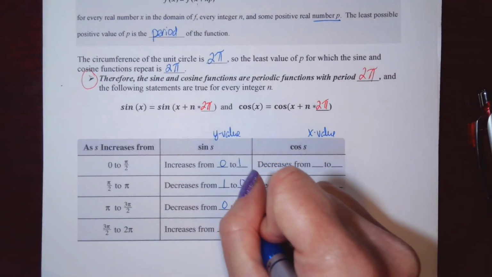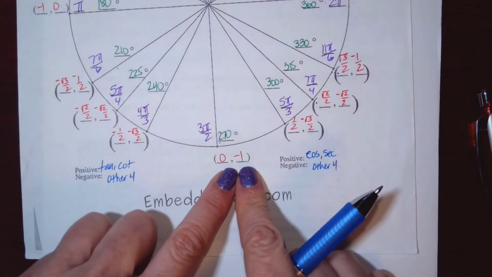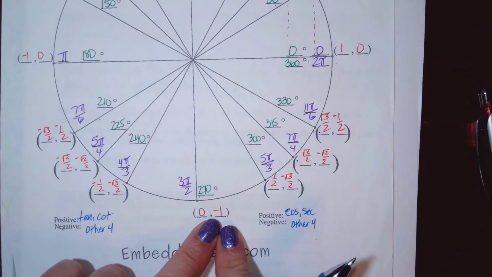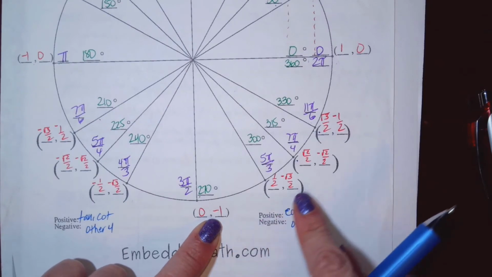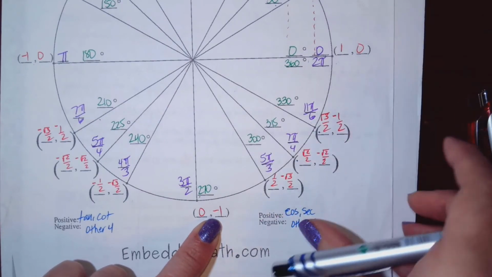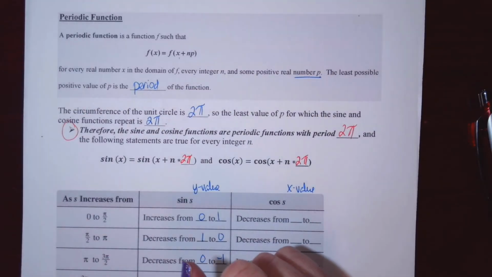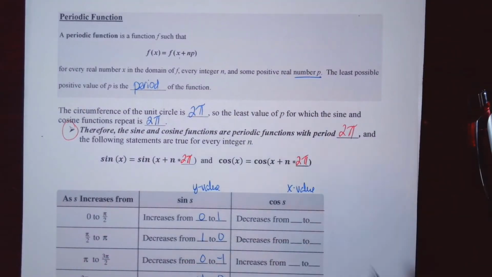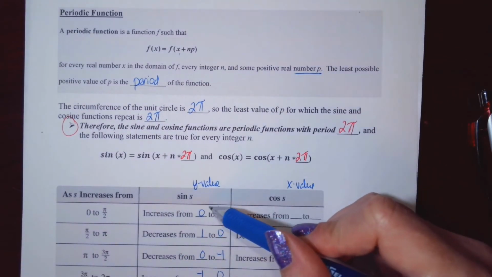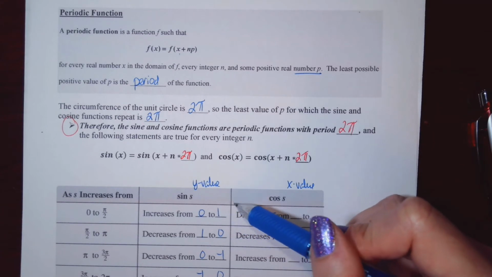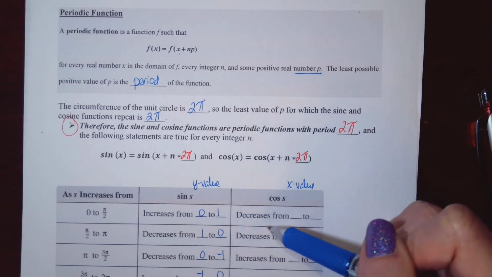Decreases from 0 to -1. Once it gets down to -1, that is the least value of sine, it starts increasing back to 0. So my sine function cycles through from 0 up to 1, back to 0, down to -1, back to 0.